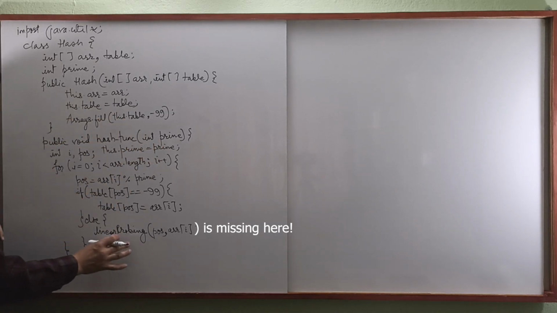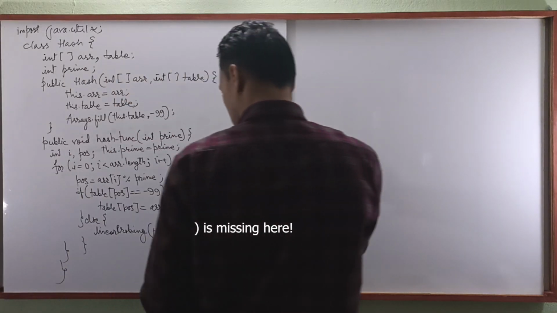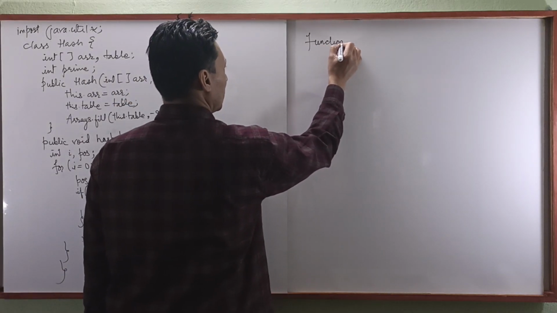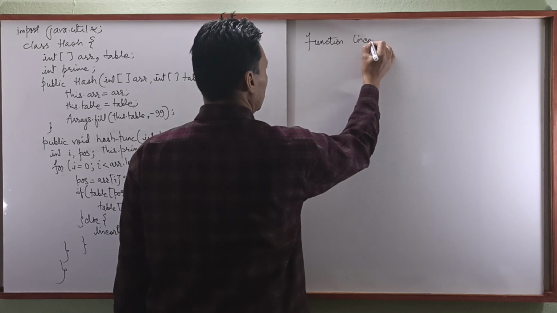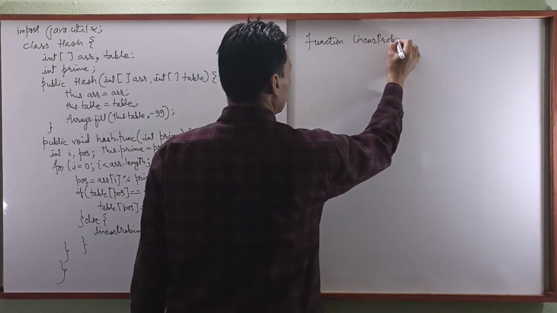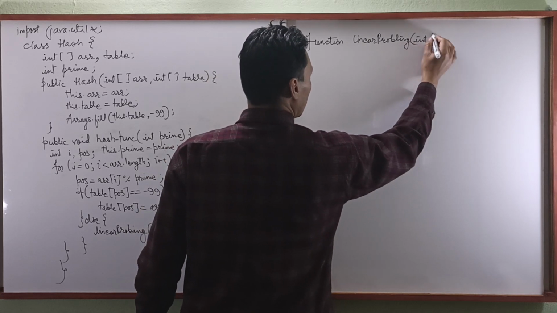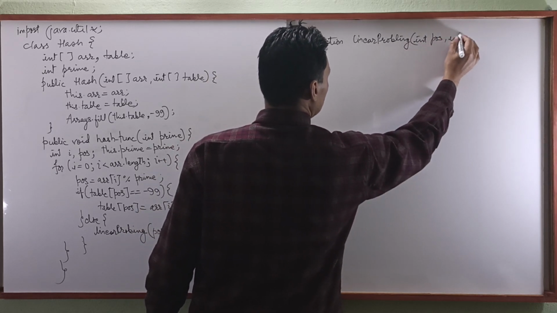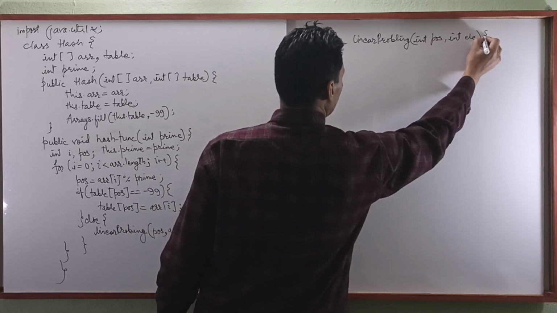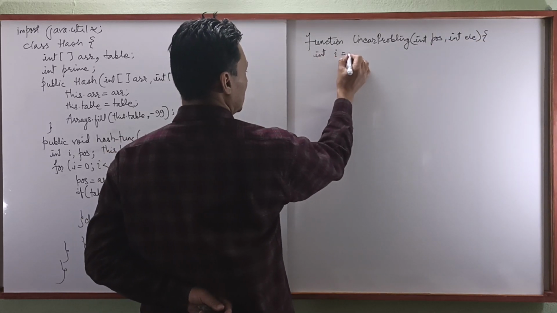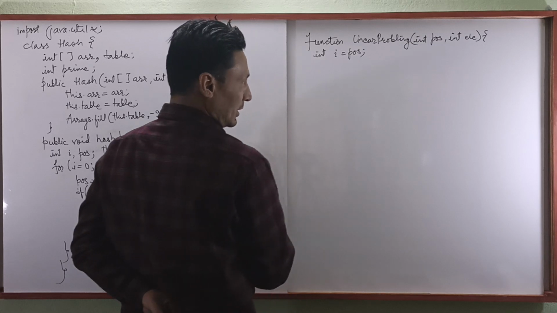Now I have to define this linear probing function. Initially it has position, then an int, let's suppose the element ele. Now let's define one variable i = pos.